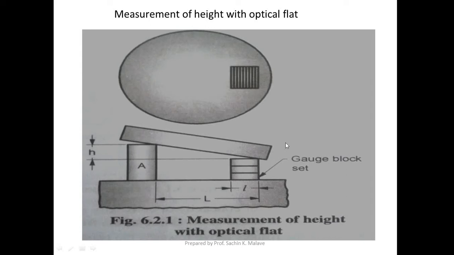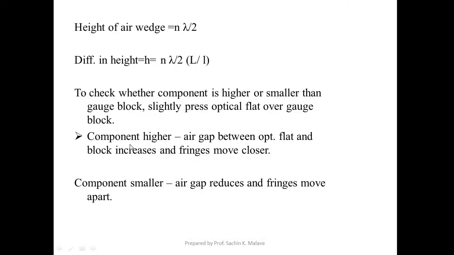Next condition, there is a possibility that this component is smaller than this gauge block set. In that case, again you have to press the optical flat from this gauge block set side. So you press here with your finger. In that case, what will happen?